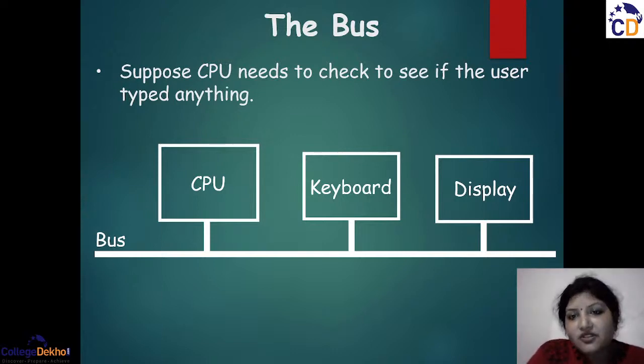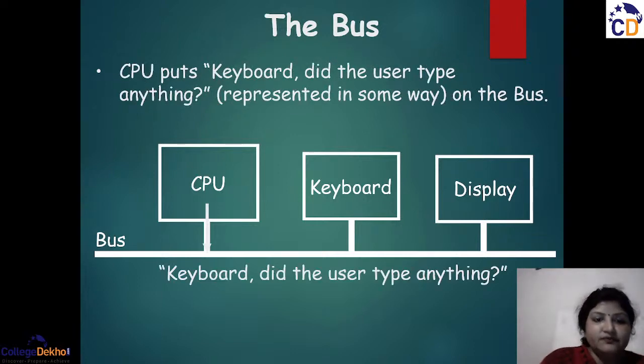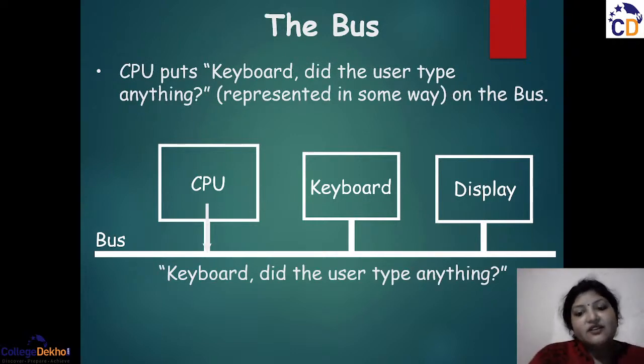Now what is the first step? The CPU needs to check to see if the user typed anything. How is it going to check? From the keyboard. Keyboard, did the user type anything, right? And the CPU puts "keyboard, did the user type anything" represented in some way on the bus.